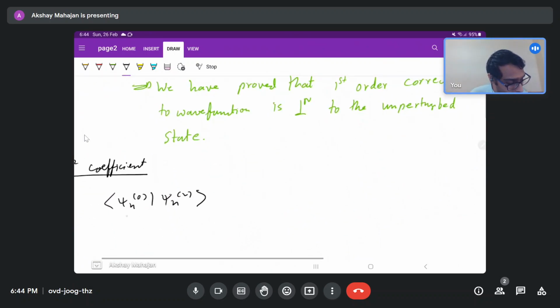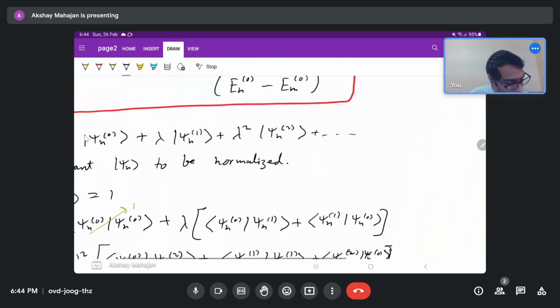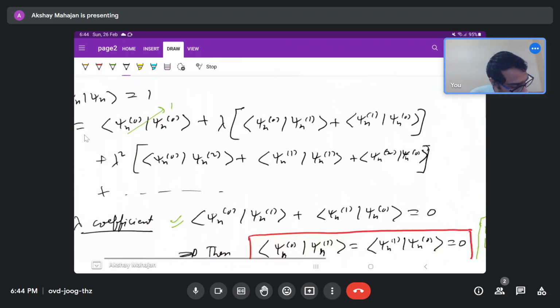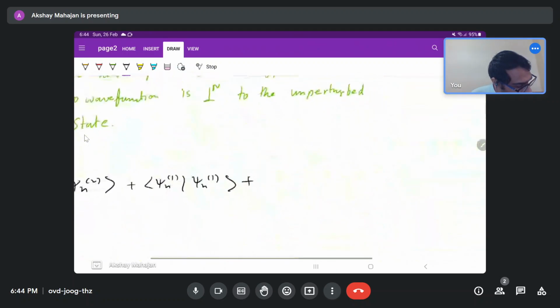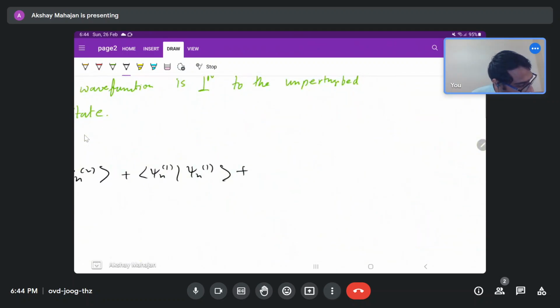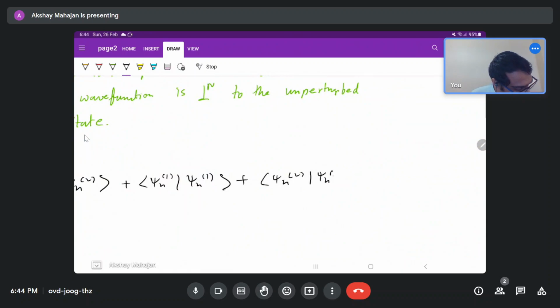So psi 0 psi 2 from the lambda square term, plus psi 1 psi of the first order, plus psi of the second order and psi of the 0th order. This also has to be 0.